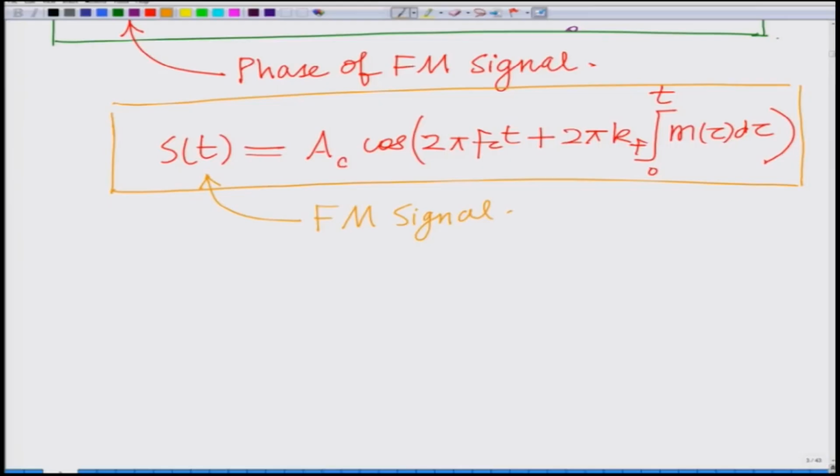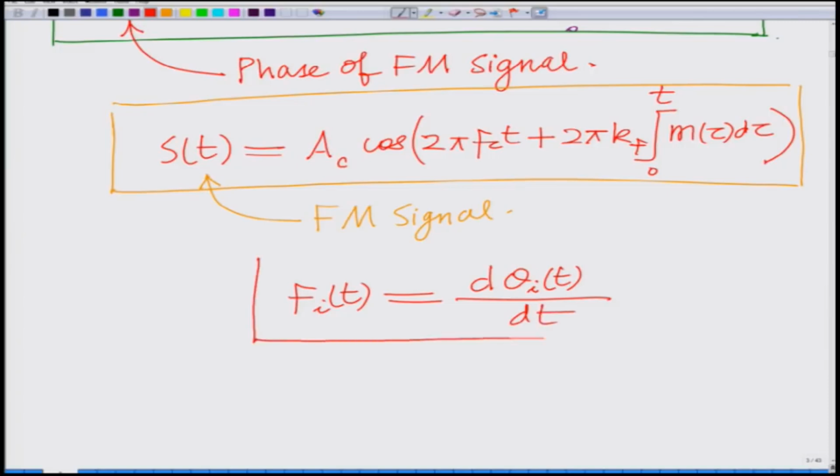Also, remember f_i(t), it makes sense to remember this relation: the instantaneous frequency is the rate of change of the instantaneous phase, that is d theta_i(t) divided by dt.